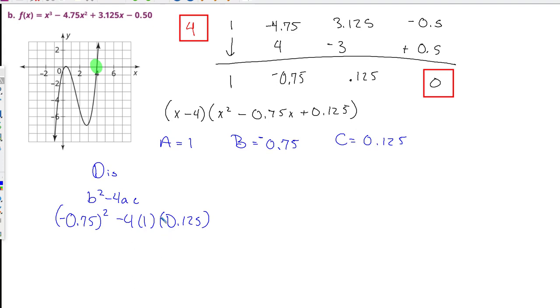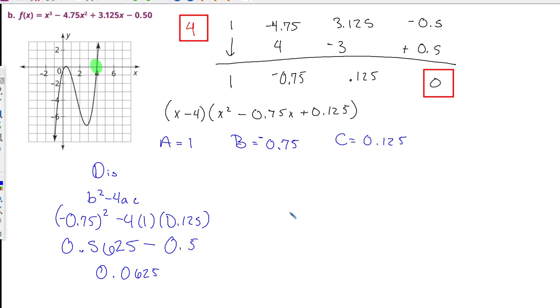And so 75 hundredths squared is going to be 0.5625, minus 4 times 0.125, which is going to give me a half. And so when I subtract those, I come up with 0.0625.